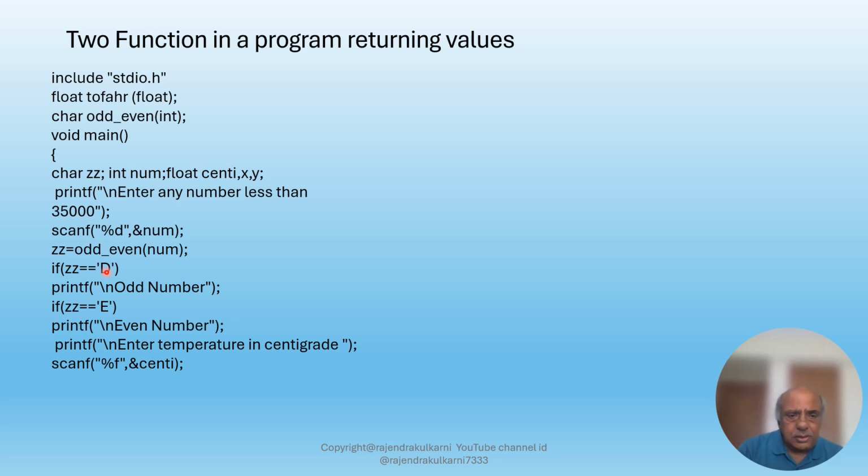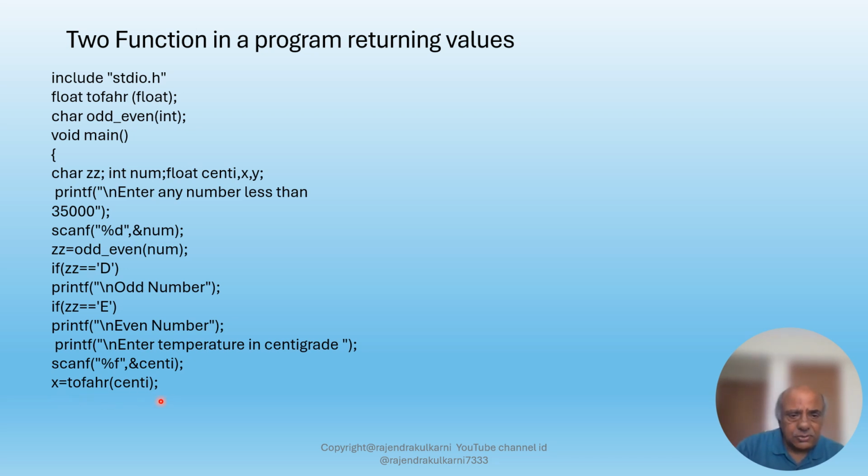Then we are prompting the user to enter the value of a temperature in centigrade, which is assigned to the variable centi, and the variable x is equal to 2var into the bracket centi.